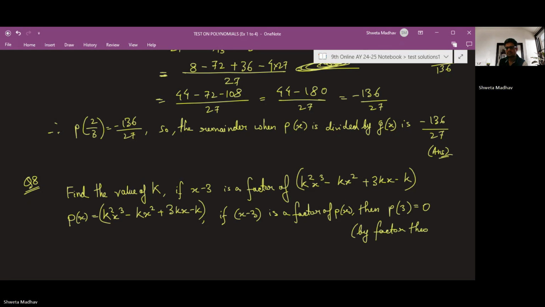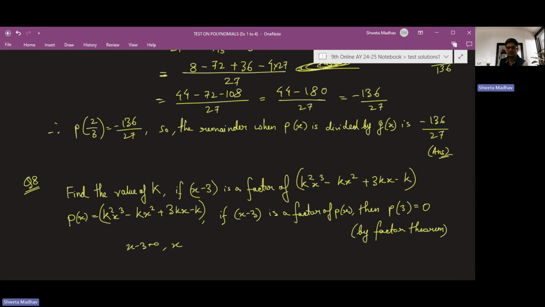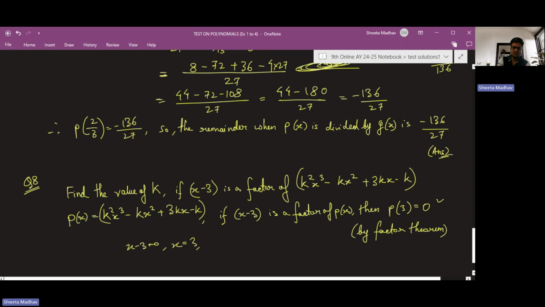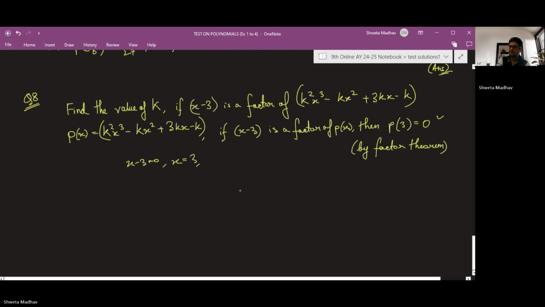If we equate x minus 3 to 0, then we get x as 3. So if x minus 3 has to be a factor of p of x, then p of 3 has to be 0. Using this equation, we can find the value of k.